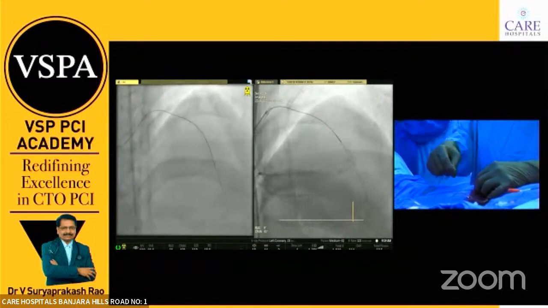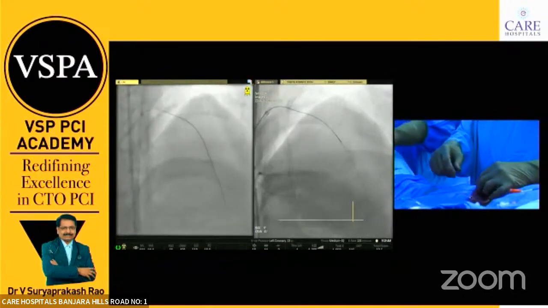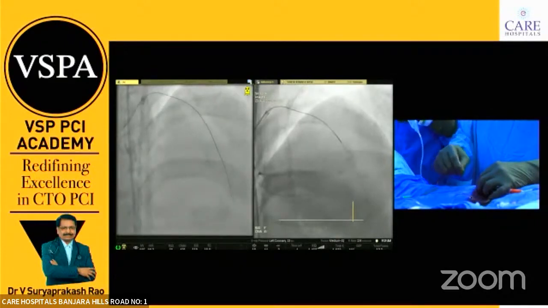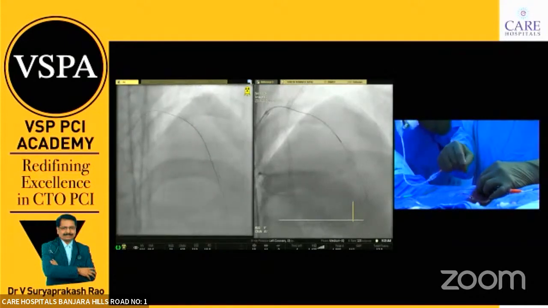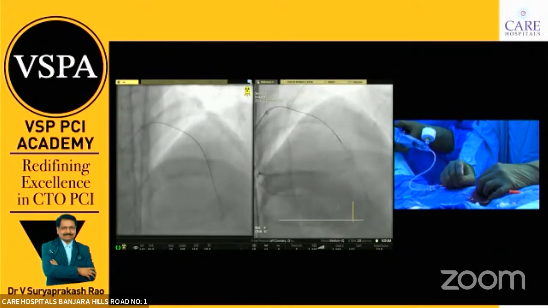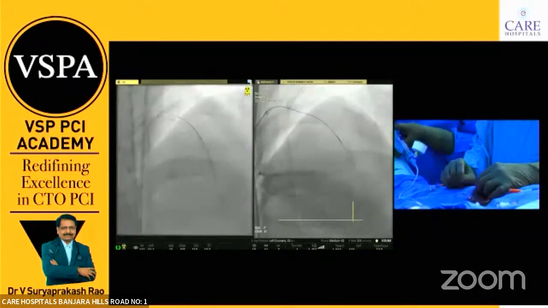Now we are dilating the CTO segment with a 2 millimeter balloon. Dilate. Then 12, 14, 16.